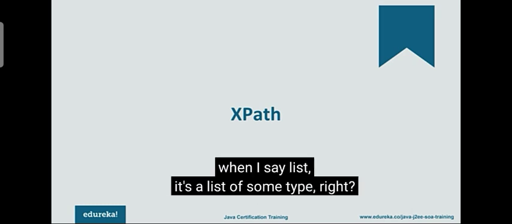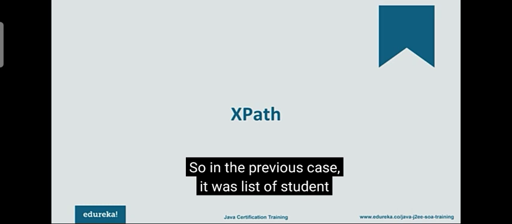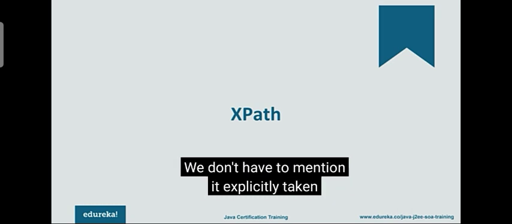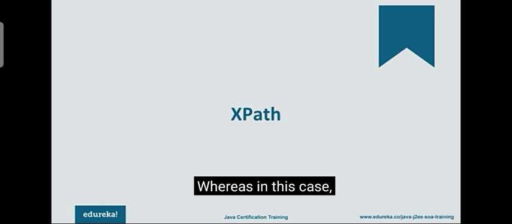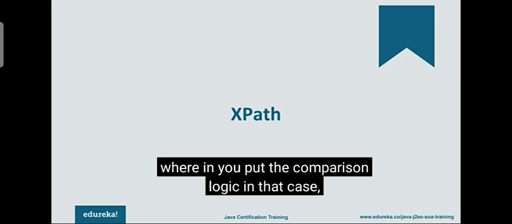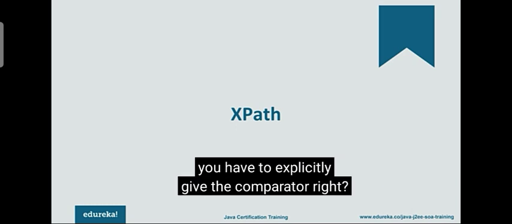All right. When I say list, it's a list of some type, right? So in the previous case, it was a list of Student, and since the Student class itself had the logic for comparison, we don't have to mention it explicitly. It's taken care of by itself. Whereas in this case, wherein you used comparator and you had different classes wherein you put the comparison logic, you have to explicitly give the comparator, right?